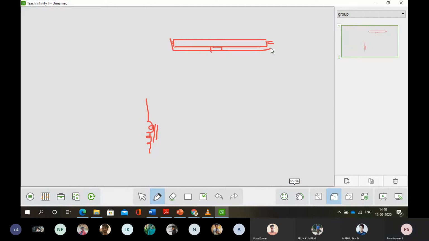This is called a choke. It usually has two terminals. Inside it, there will be an L iron core. It is like a slice, an L iron core and an I core.